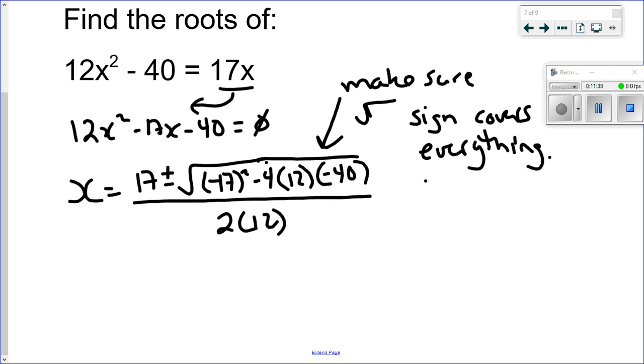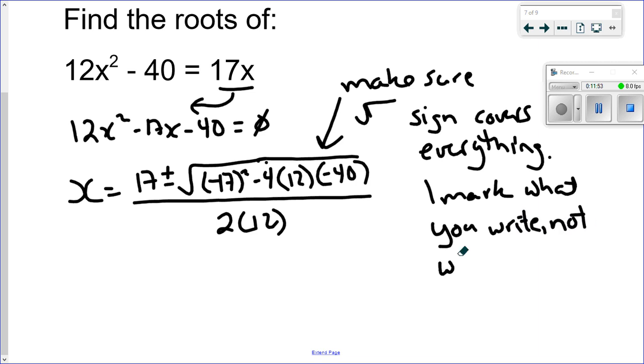Again, I mark what you write, not what you meant. Okay, I'm not going to go through and solve that. These things take a long time.